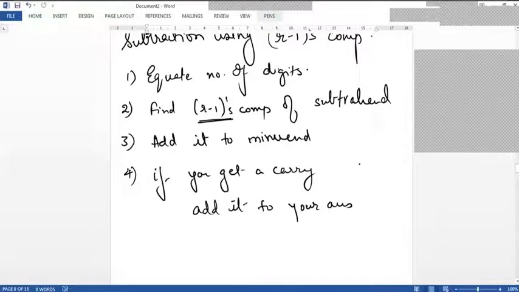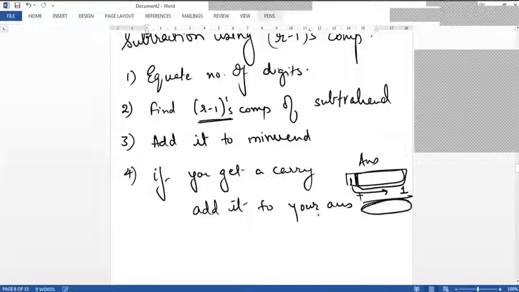That is, if this answer came over here and there is a carry here, what will you do with this carry? Pick it up and put it here, and add this carry to this value, and whatever you get over here is your final answer. Understood? In r's complement, we were ignoring this part. In r minus 1's complement, we will add this one over here. And here what you get would be your answer.